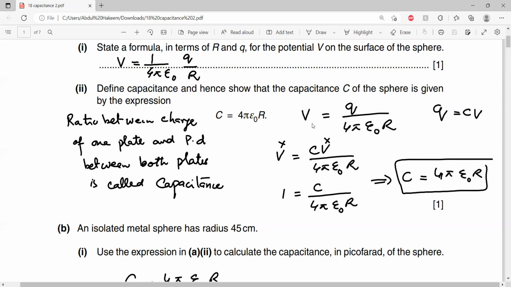Now we have the formula V is equal to Q over 4 pi epsilon naught R for the charged sphere, and for capacitance Q is equal to CV. Now replace this Q with CV, and V cancels with V. So the formula becomes 1 is equal to C divided by 4 pi epsilon naught R, which means C is equal to 4 pi epsilon naught R. So this is the capacitance of any charged sphere.